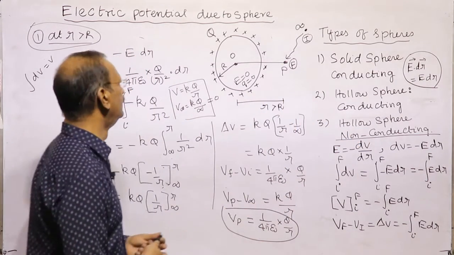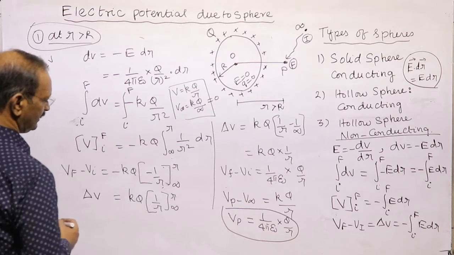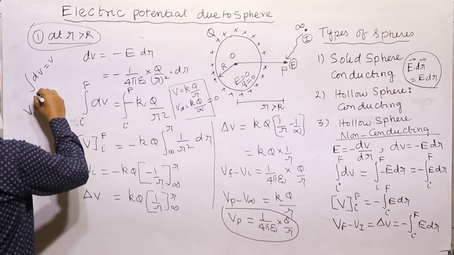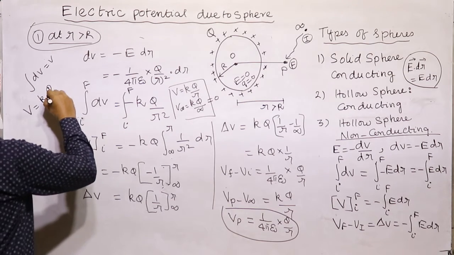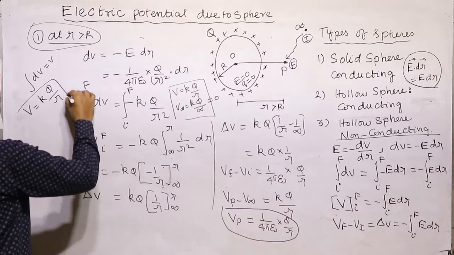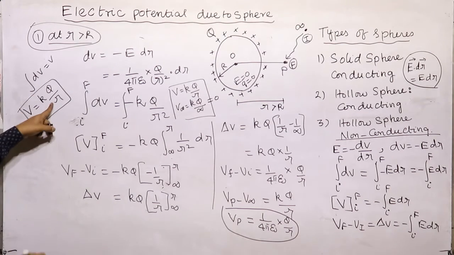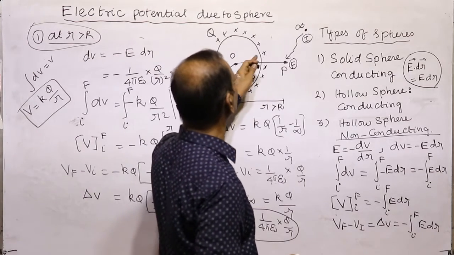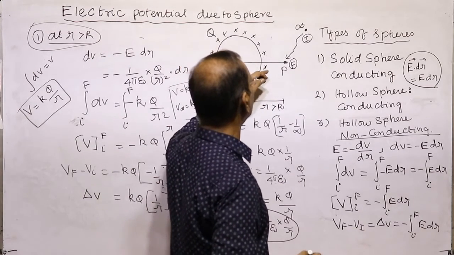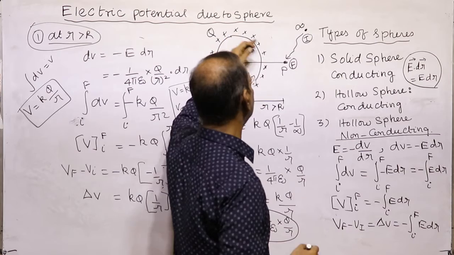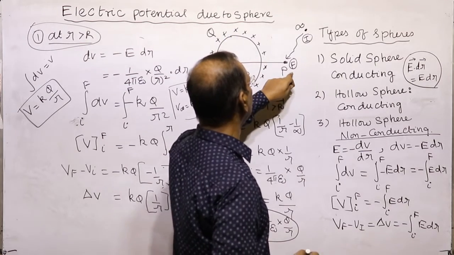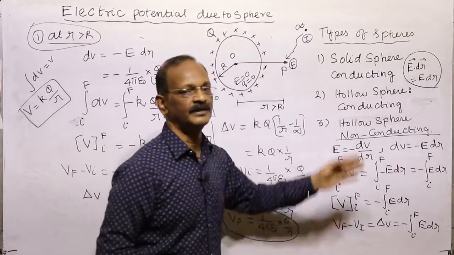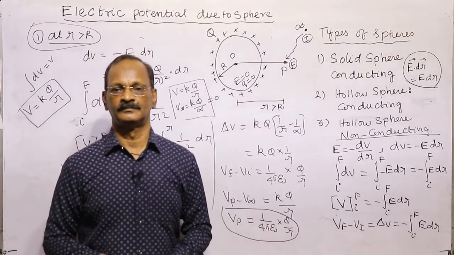We can simply remember the potential as k into q by r, where r is the distance at a point outside the spherical surface. The potential at this point is equal to this much for all these three configurations of charges.